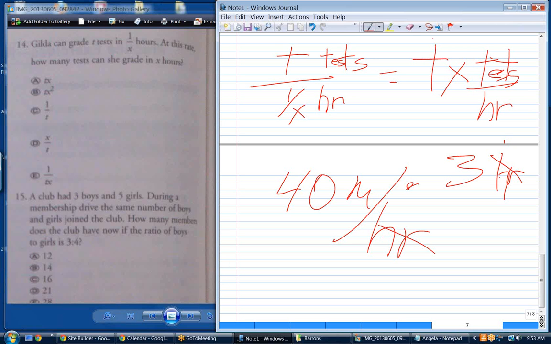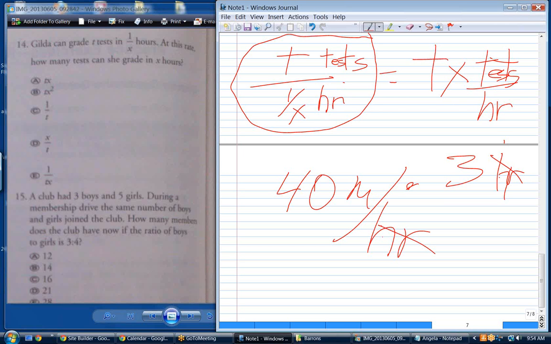There is an interesting thing to note here. When we did the algebra and we flipped the bottom and multiplied, you do not flip the bottom's units. In other words, I flip the 1 over x so that I end up with tx is my rate, but it's tx tests per hour.